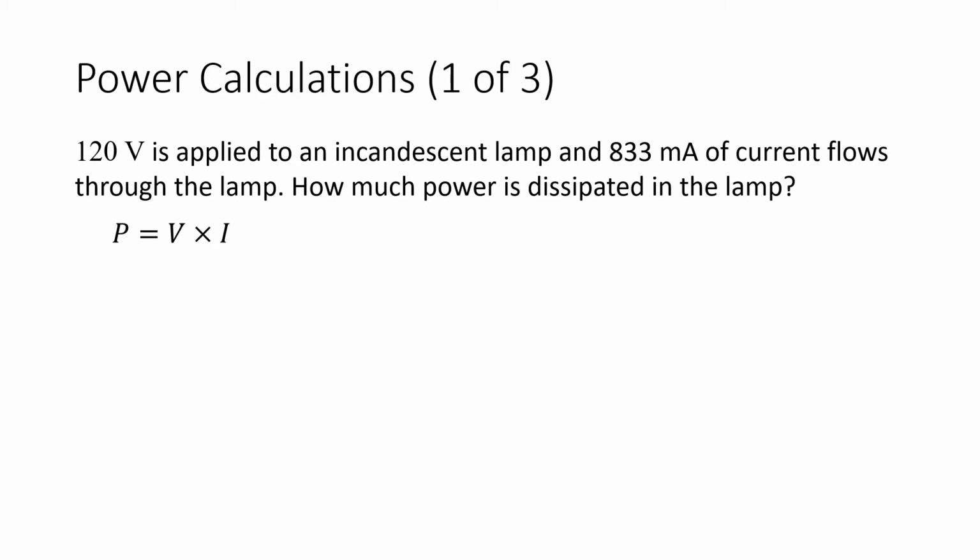P equals V times I. We substitute the given quantities. P equals 120 volts times 833 milliamps and solve for P equals 100 watts. Now, as with our Ohm's Law problems, we must have the unit symbol W after the numeric value in order to have a correct answer.